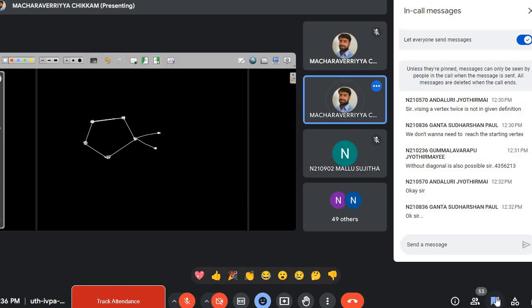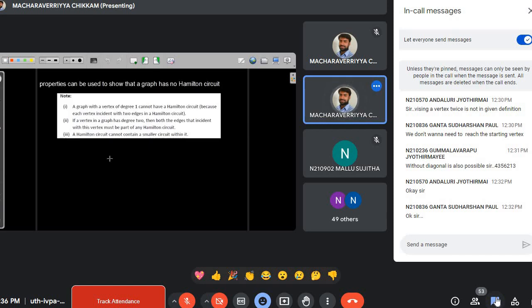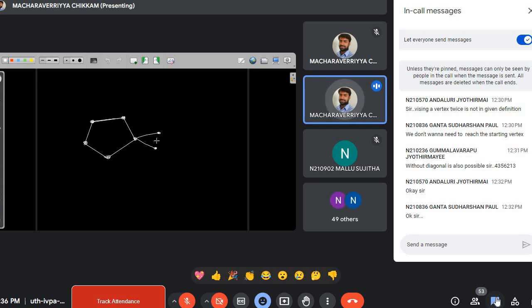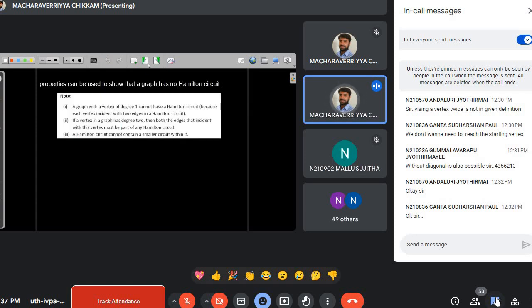A graph with a vertex of degree 1 cannot have a Hamilton circuit. Earlier I was discussing Hamilton path. Whereas if you have just one pendant vertex, it's not possible to have a Hamilton circuit. If there are two, then no Hamilton path.